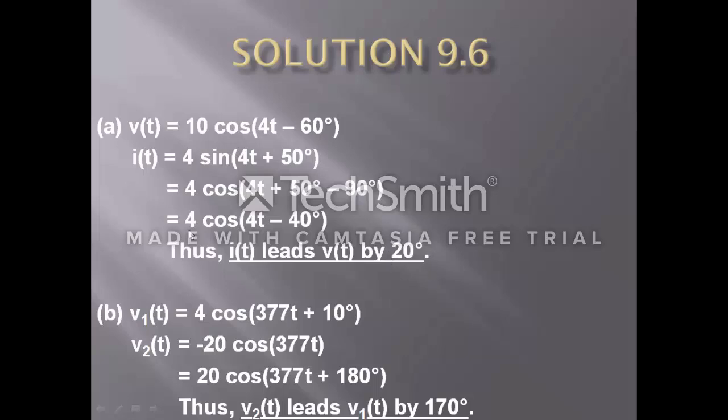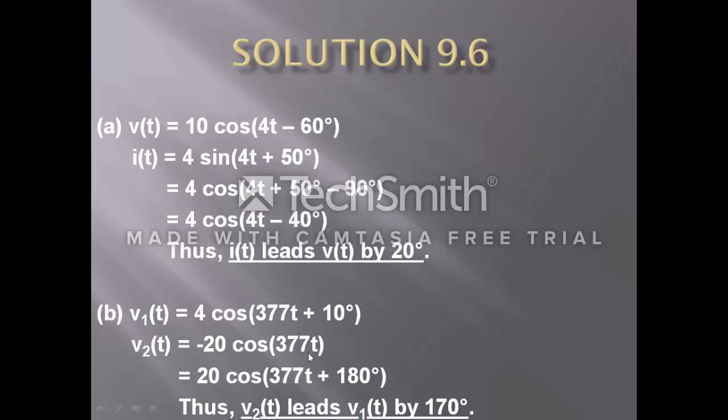Now moving on to the B part, we have v1(t) equal to 4 cos 377t plus 10 degrees, and v2 is also given in cosine, so there is no need to convert into sine. The only thing that we need to do is convert the minus 20 into plus 20, which can be done by 20 cos 377t plus 180 degrees, as we know that cos theta plus pi equal to minus cos theta.